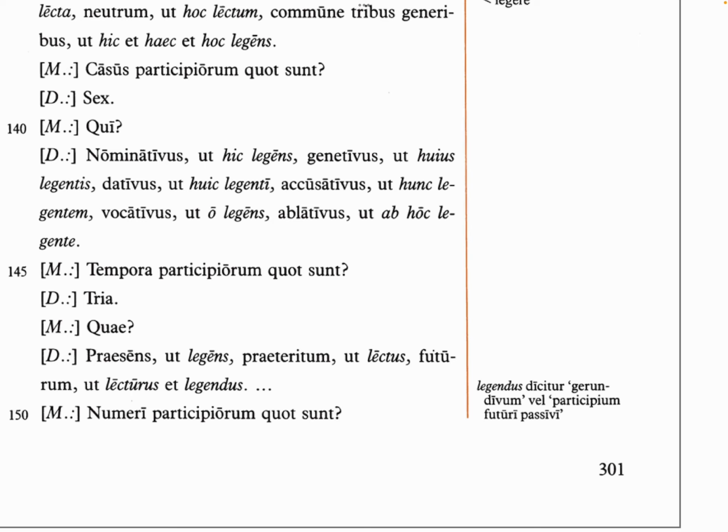And notice our word present comes from praesens here, which is basically being in front of you. That's what it means, right? And it is a present participle in Latin, and that ns, nt is where we get the nt in present in English. So, praesens ut legens, praeteritum ut lectus, past as having been read.